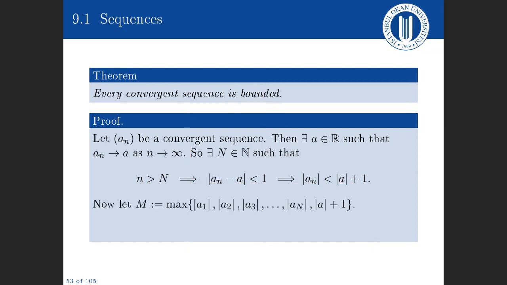We're going to let capital M be the maximum of these numbers: the first capital N values of the absolute value of the sequence, and then this extra number, the absolute value of A plus 1. Then we know we're always going to be between capital M and minus M. That proves that an is a bounded sequence.